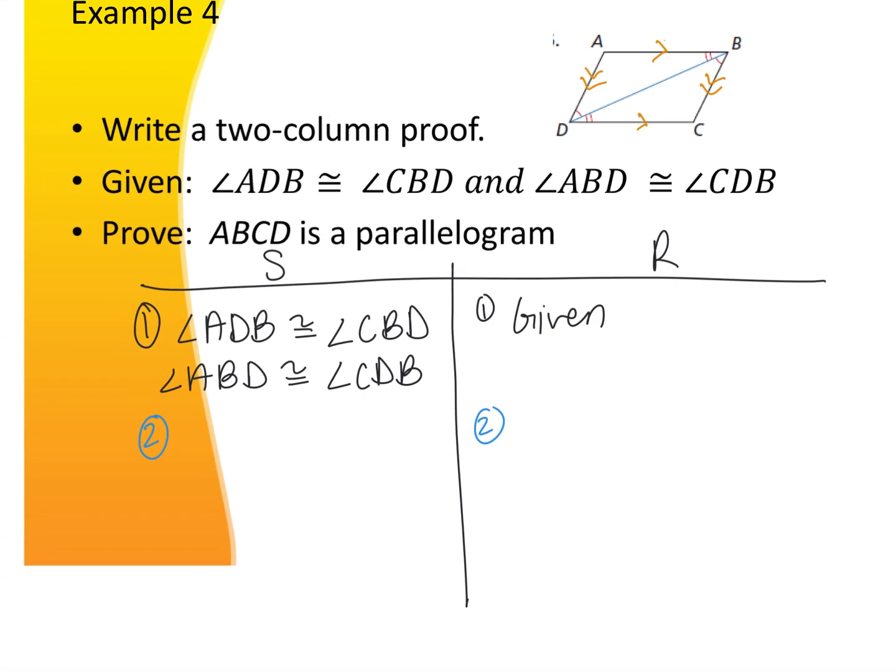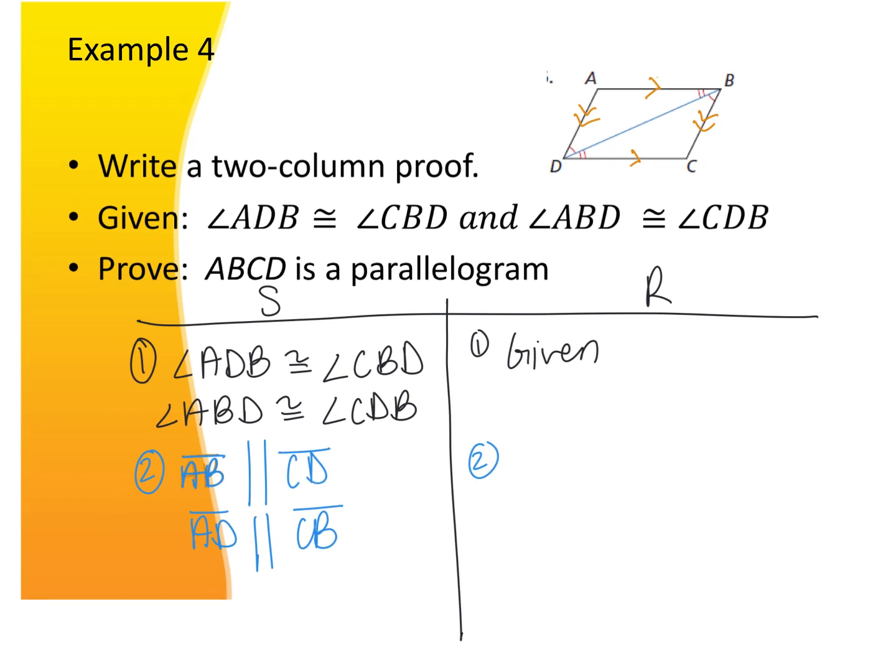So, stating in my proof, AB, shouldn't have used orange. I will use the blue. AB is parallel to CD, and AD is parallel to CB. And how do I know that? We already said it.